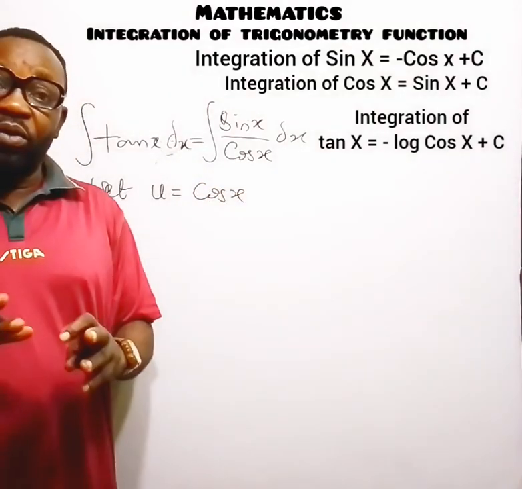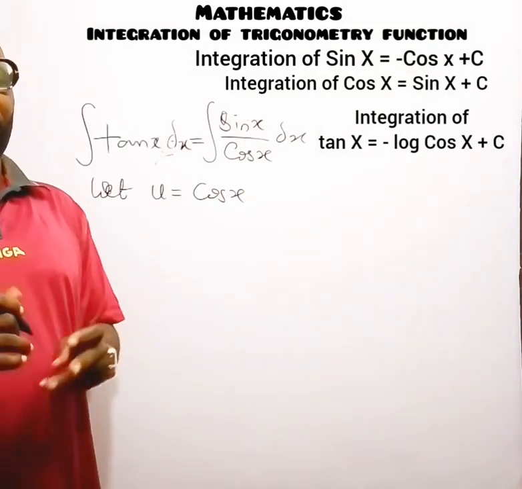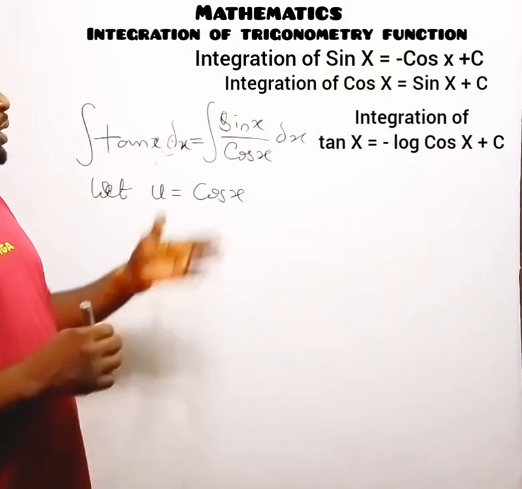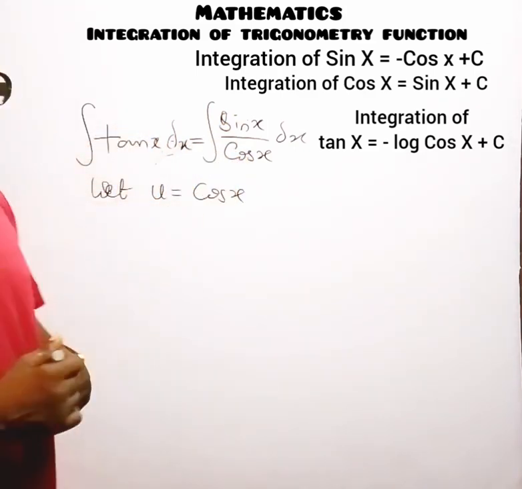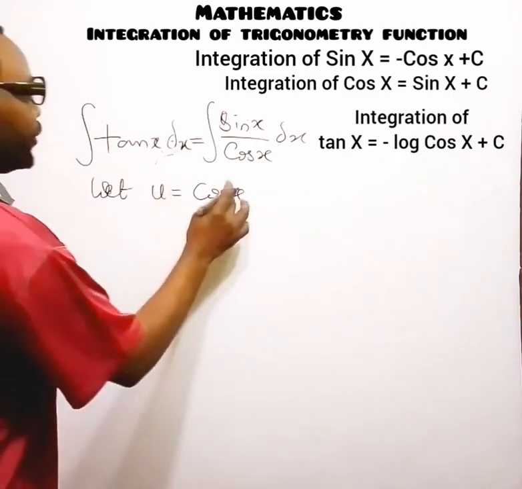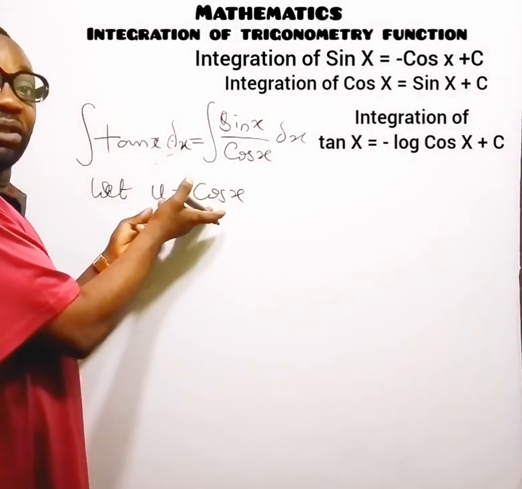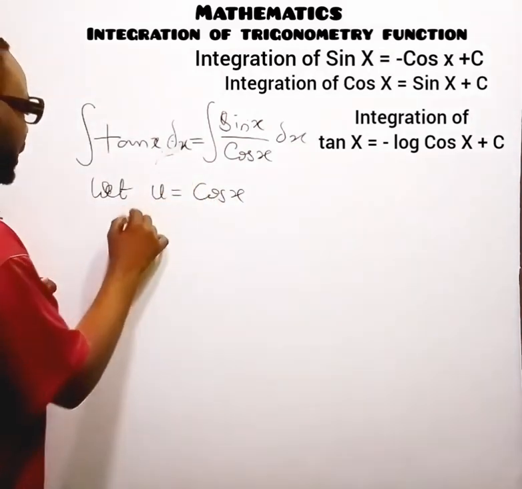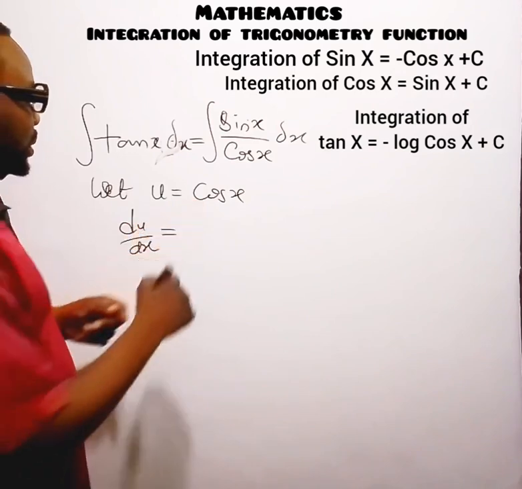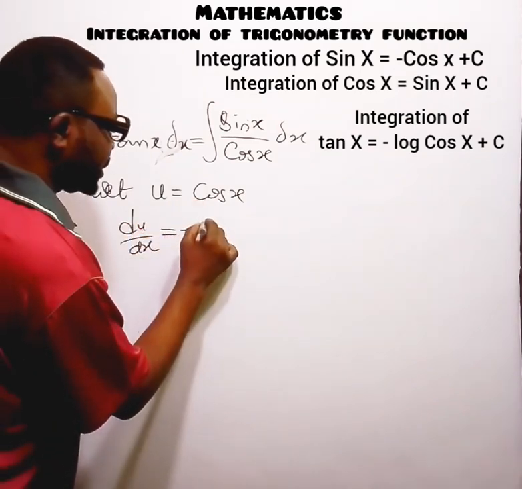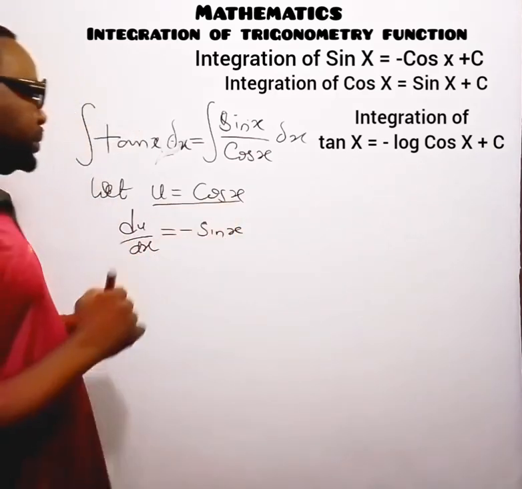Anytime you want to integrate any form of value that has a numerator and a denominator, consider doing it this way. Now I go ahead. If u is equal to cos x, I'll have to differentiate this value right now. I will say du dx will be equal to minus sine x. Take note of this.